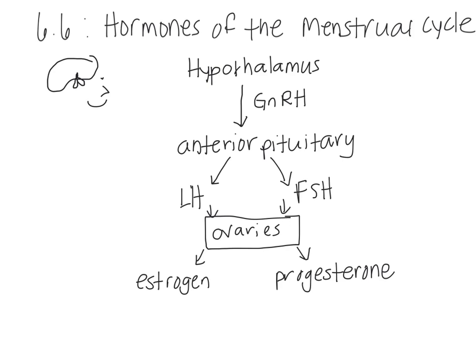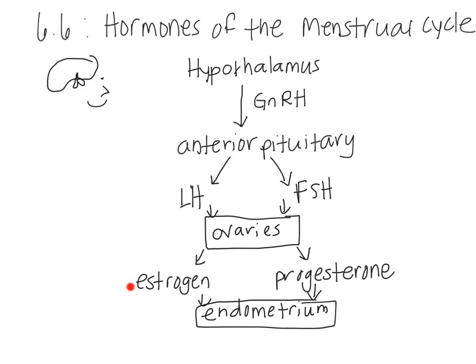Both of these, estrogen and progesterone, act on what we call the endometrium, that highly vascular lining of the uterus. They're going to act on this endometrium just at different times. Early on in a woman's menstrual cycle, the ovaries are going to stimulate just the production of estrogen. So this is our early hormone.